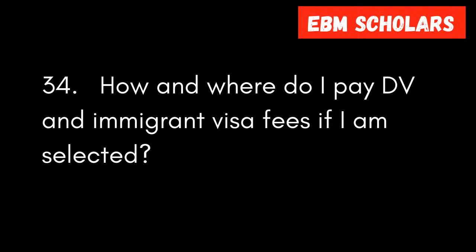But the immigrant visa fee, just like if you come as a student, you pay for the visa fee. Tourists, you pay for the visa fee. So for the green card immigrant visa fee, you pay by cash, 320, 330, whatever the amount of money you're supposed to pay. You go to the US Embassy, give the documents, pay the cashier, then you do the interview.